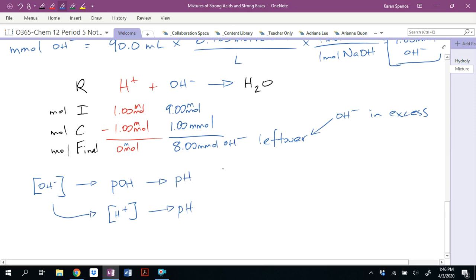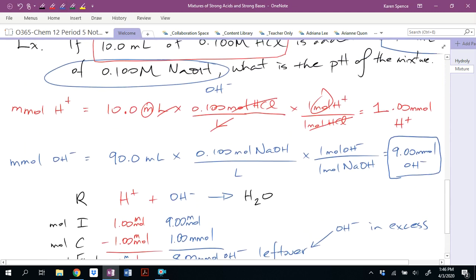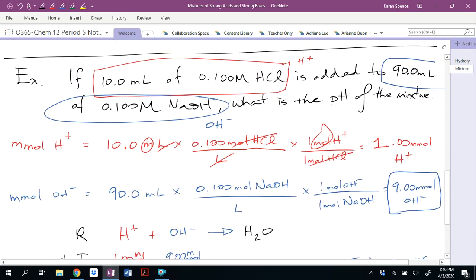So let's start by finding the concentration of hydroxide. Concentration is equal to the moles per liter, and we know the millimoles of hydroxide, 8.00 millimoles hydroxide. Okay. We're going to go back here, and we're going to say, oh, what is my volume?